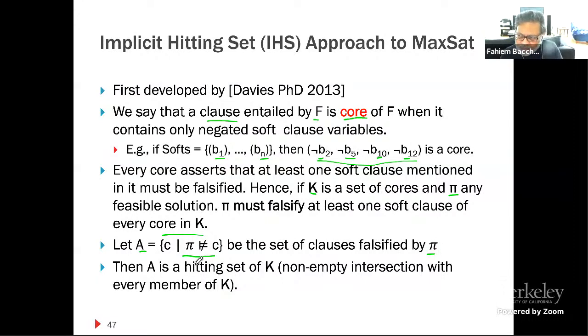In other words, it has a non-empty intersection with every member of my set of cores.